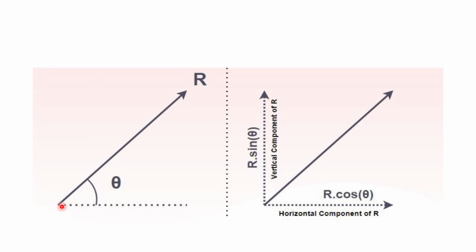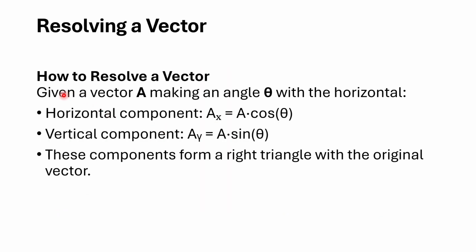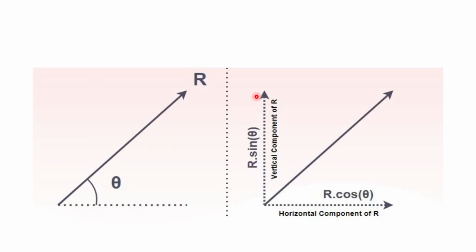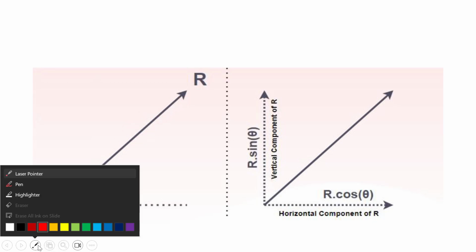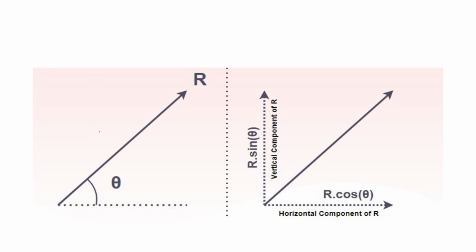As I have told you, given a vector A making an angle theta, for example, we take this vector, its name is A, from the previous slide. This is the vector A having an angle theta with the horizontal line.